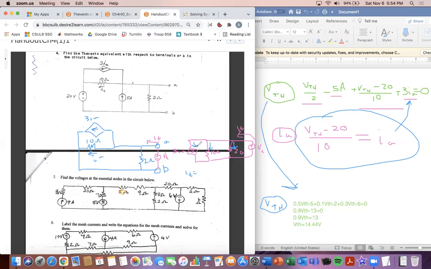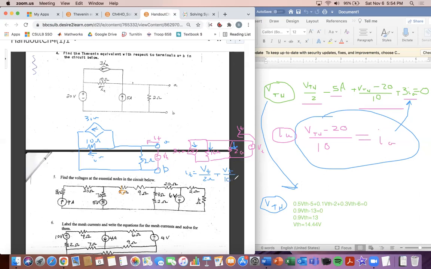We know the voltage drop across all three components, the dependent source and these two resistors, is going to be VT. That's one fact we know about parallel circuits: the voltage drop is the same. So it's going to be VT all over 2 ohms here, and then for the next one, VT over 10 ohms. And for the third one, it's going to be that dependent current source.